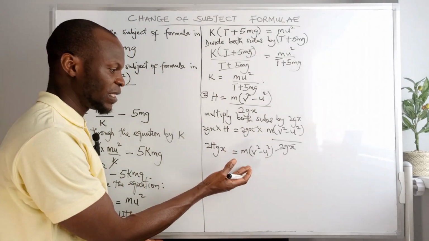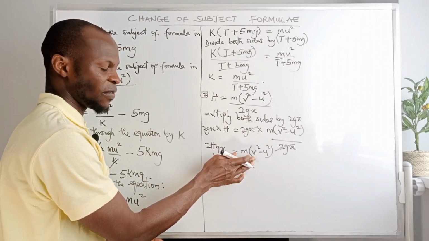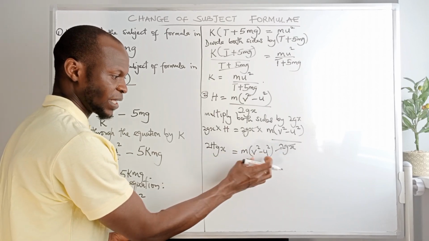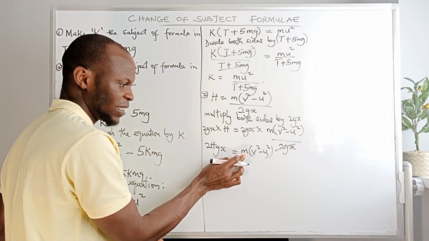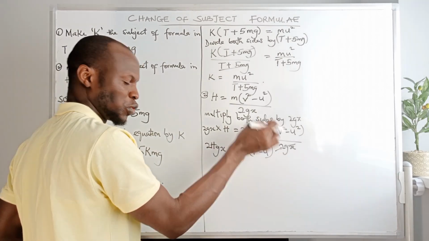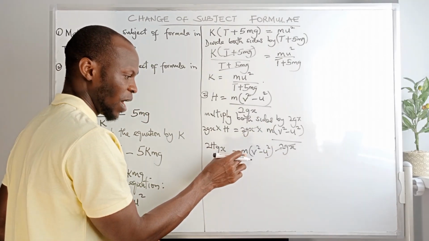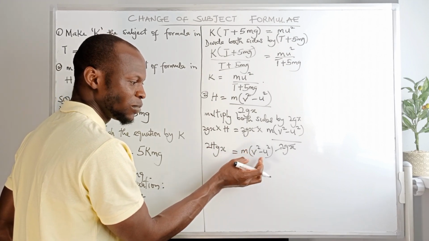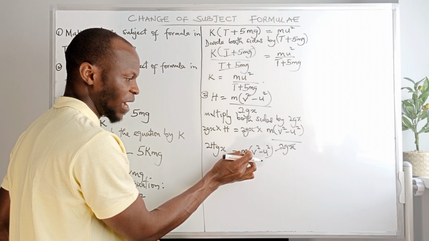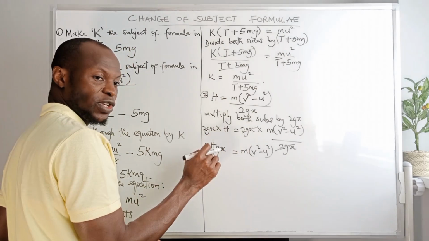Okay, so the next thing is what is joined together again. I have this bracket, but I have something that is joined to the bracket. I have to remove this one first because this is a factor that is joined to what is also joined to phi. So how will I remove m? What joins m to this bracket is a multiplication. We have an invisible multiplication here. What will I use to remove it?